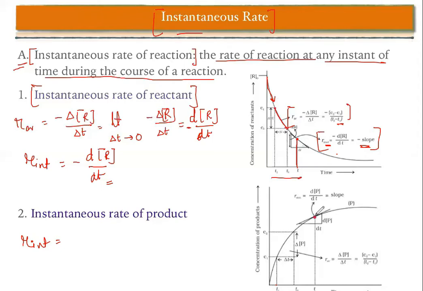So at this point, this is R instantaneous, that is positive dP by dt. What is dP? dP represents the concentration, and this is nothing but the time. Here also, this is concentration, and this is time.